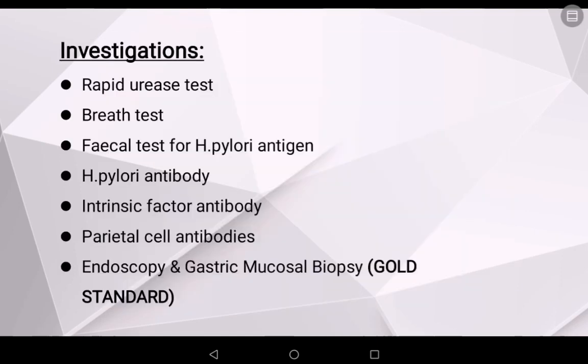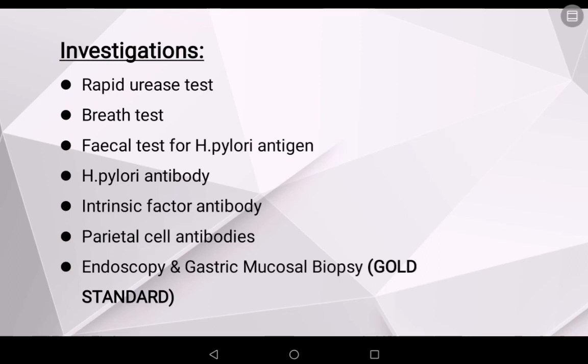How will you diagnose a patient with chronic gastritis? The common tests include the rapid urease test. As you know, Helicobacter pylori produces urease, so that can be used to diagnose, and it is a very rapid test. We can also use the breath test, fecal test for Helicobacter pylori antigen, and antibody against Helicobacter pylori.